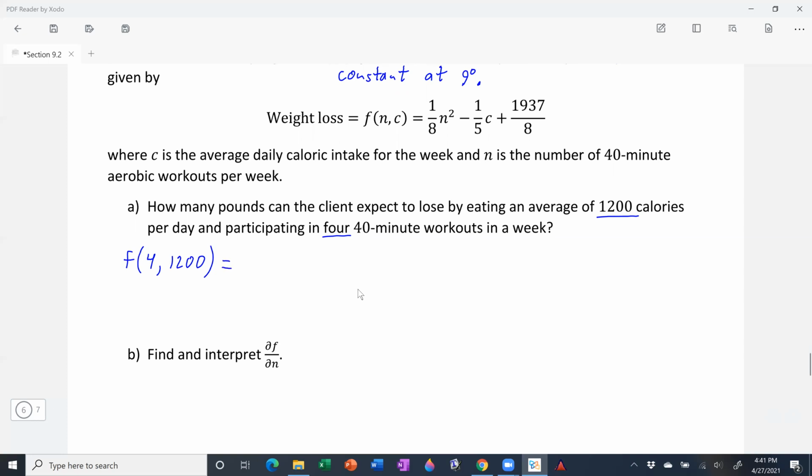So 4 gets plugged in for the n, so we have 1/8 times 4 squared minus 1/5 times c, it's 1,200, plus 1937 over 8. And so calculator time, just typing this in, 1/8 times 16 minus 1/5 times 1,200 plus 1937 over 8.